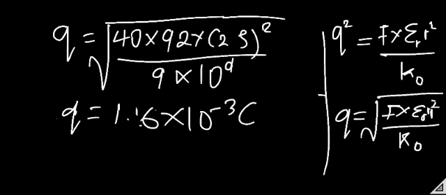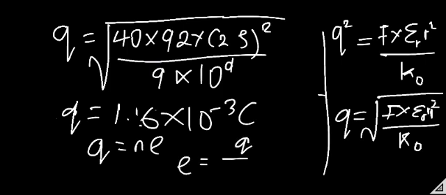Now, question 2 says find the number of electrons on each coin. Remember that Q is equal to NE, right? And if Q is equal to NE, that means E will be equal to what? Q all over N, right?